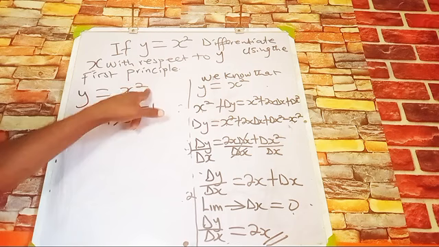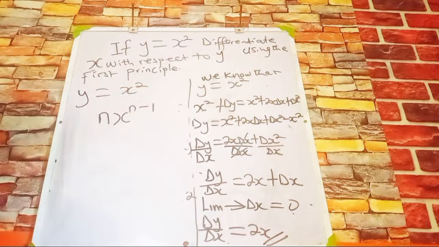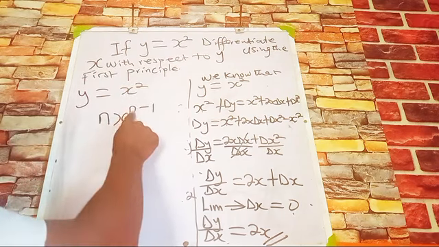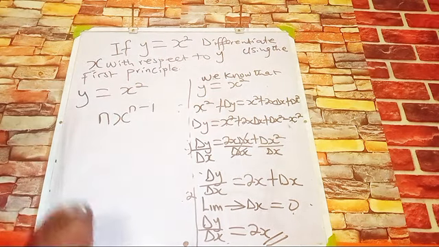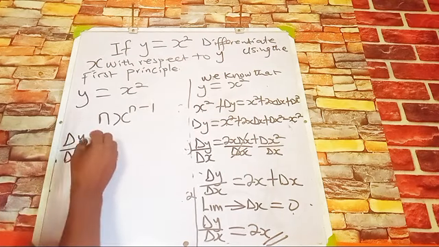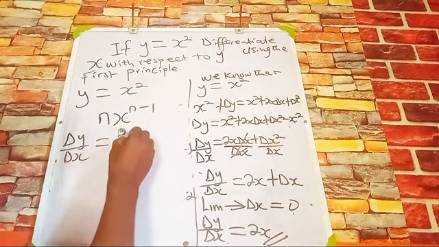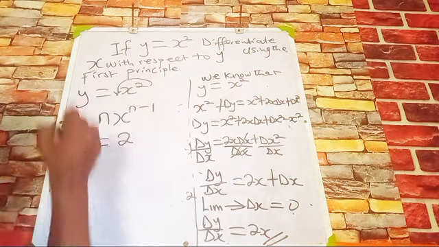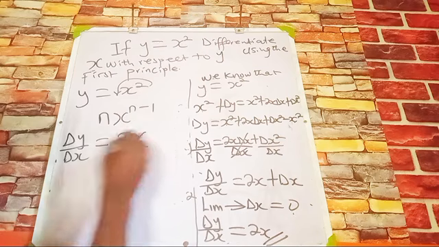That is, the power is going down to multiply with the x itself. Then you will now reduce 1 from the power. So you now just say dy all over dx is equal to 2. We are bringing the power down. Then we will write the x.